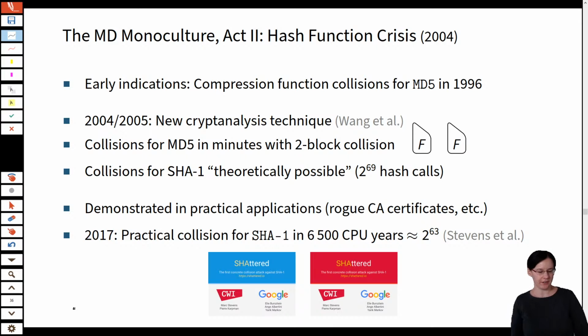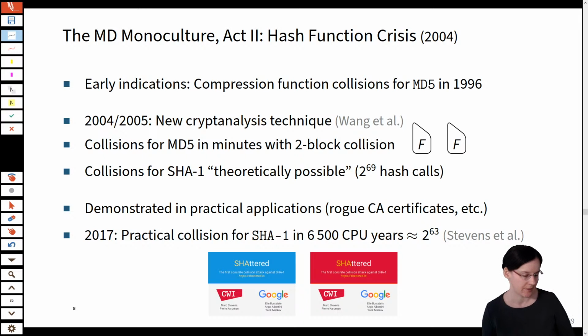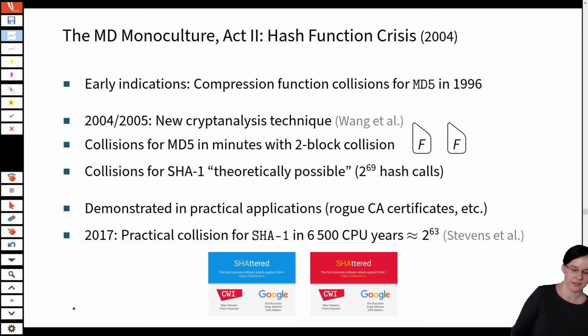And with this trick, she showed that you can actually find collisions for MD5 within minutes if you target collisions for 2-block messages. She also showed that for the next design, SHA-1, this should also be theoretically possible with fewer operations than the generic complexity.